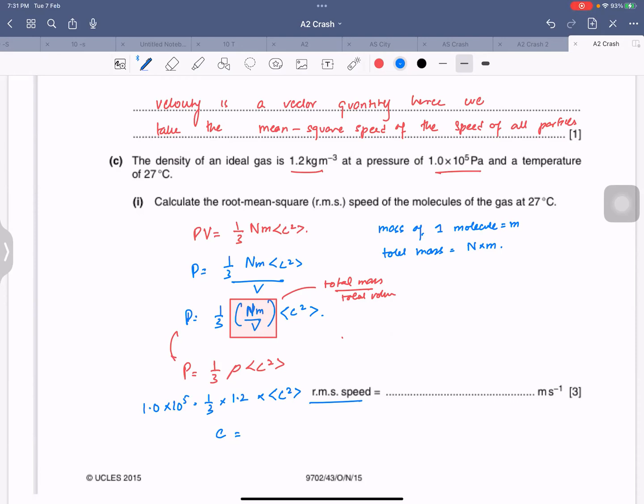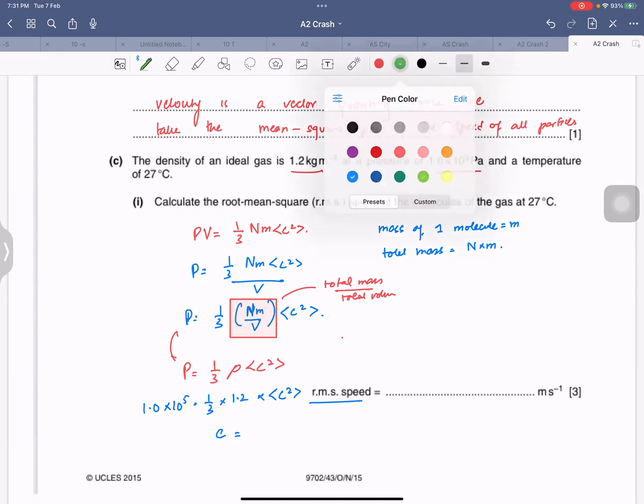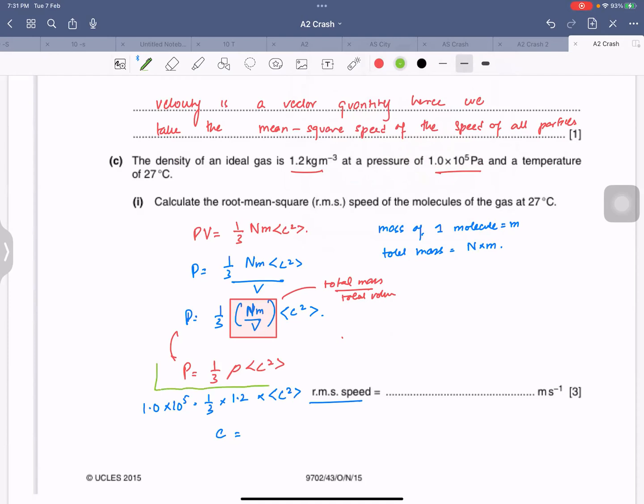This formula that you see right here is one of those formulas which can help you find the densities as well. Yes, please. What is the answer? 500 meters per second.